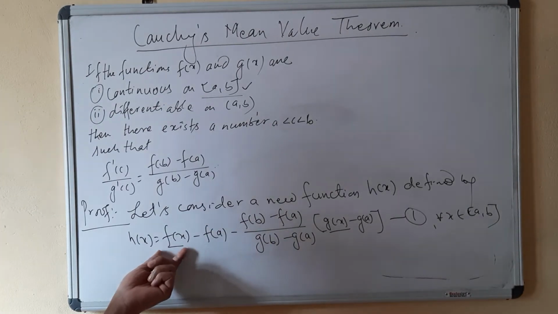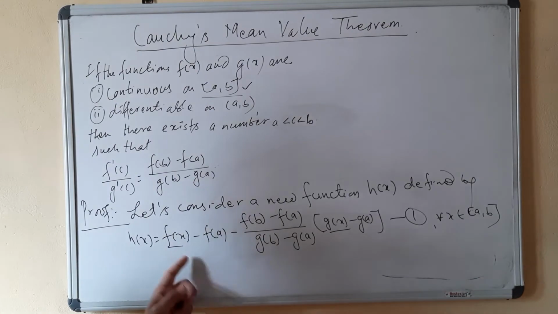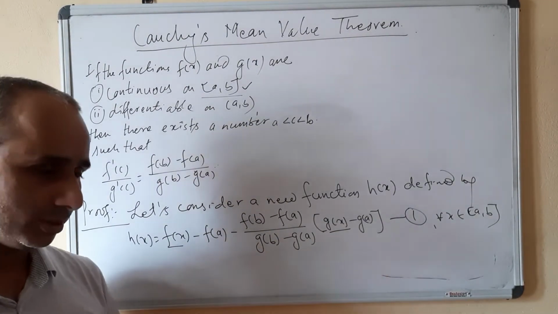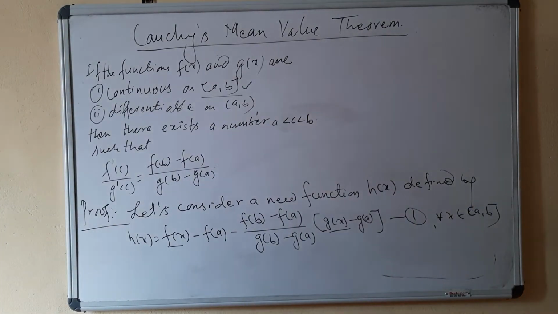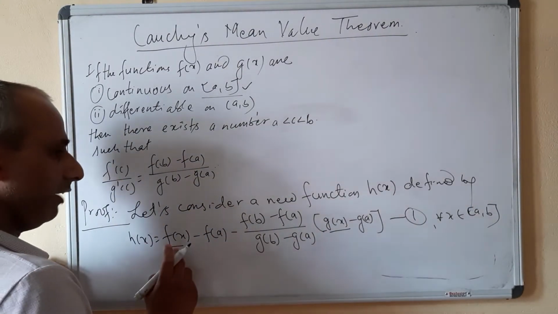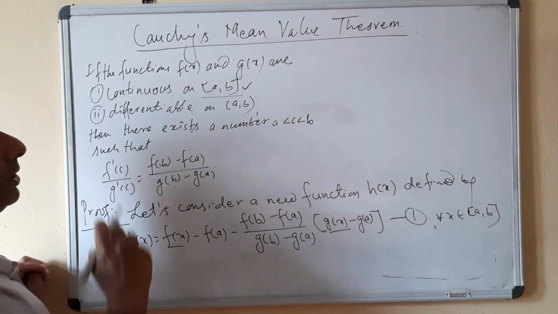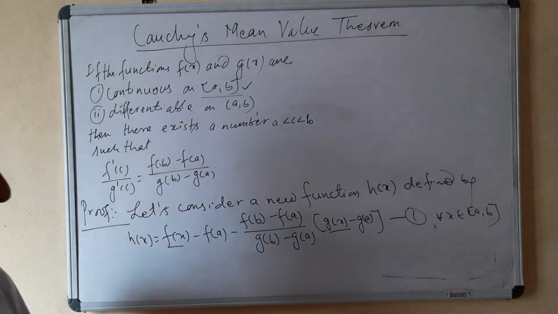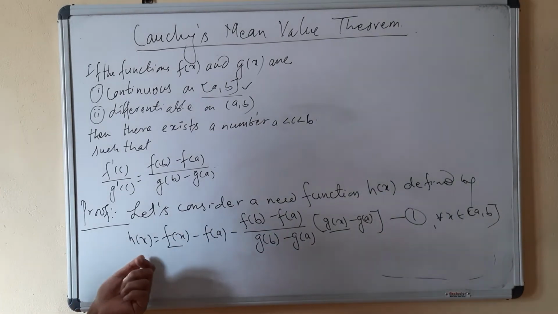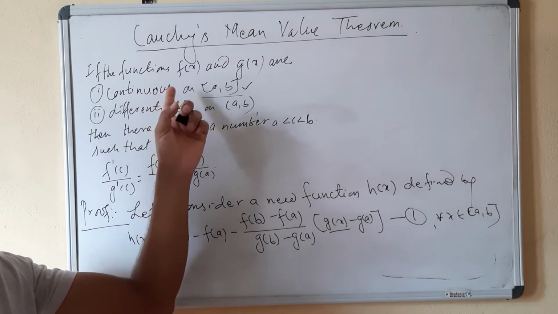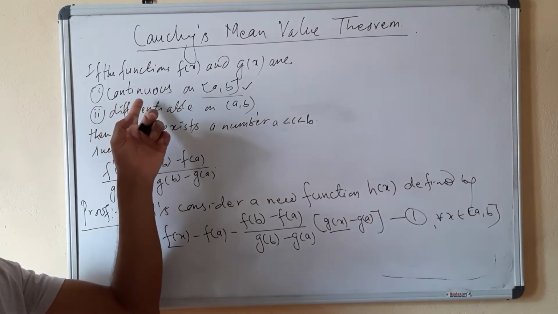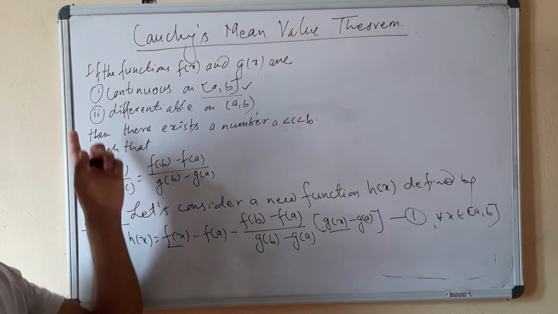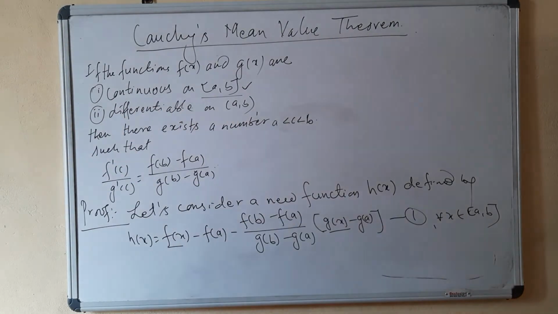So their difference or sum will again be continuous on [a, b]. Next, f(x) and g(x) are differentiable on the open interval (a, b), and so is their difference or sum. Hence h(x) satisfies both hypotheses of Rolle's theorem, that is, h(x) is continuous on the closed interval [a, b] and differentiable on the open interval (a, b).